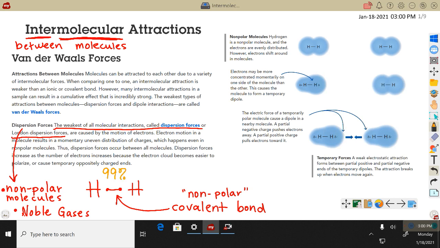I think that those two electrons are being shared right smack in the middle of the two hydrogen atoms. If I had a fancy camera and I could take a picture of the electrons in between the two hydrogen atoms, 99% of the time, they would look like that. They'd be right smack in the middle.